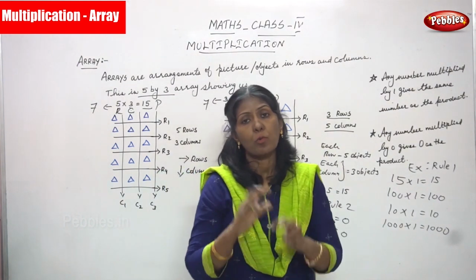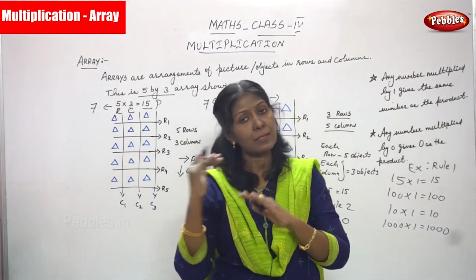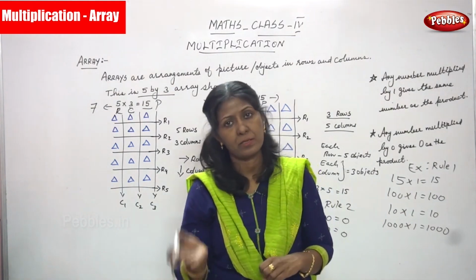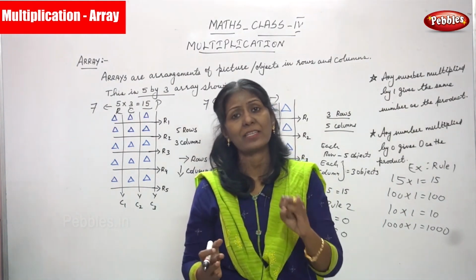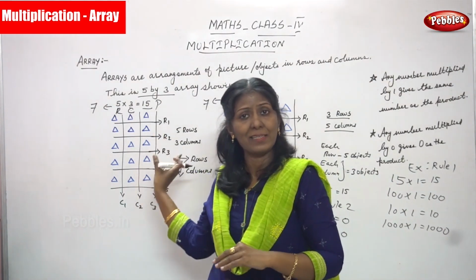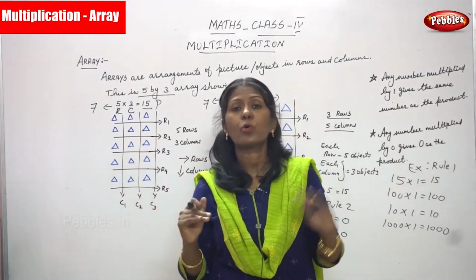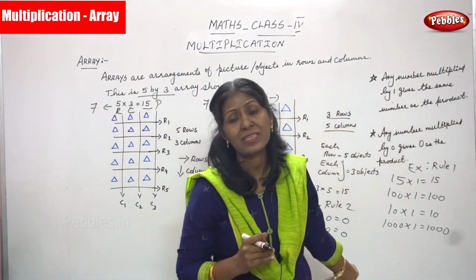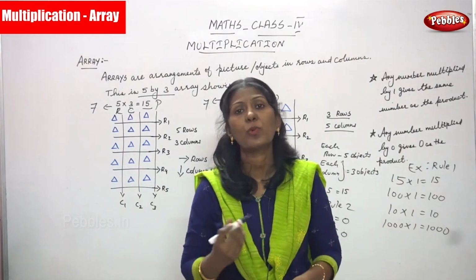This covers the terms of multiplication as well as the rules of multiplication. Terms of multiplication are factor and product, and also what an array is. I'll explain clearly, and I clearly mentioned the rules for multiplication. So go through it once or twice.